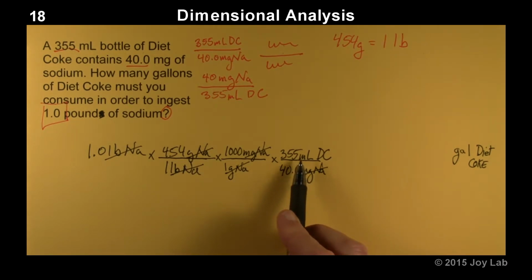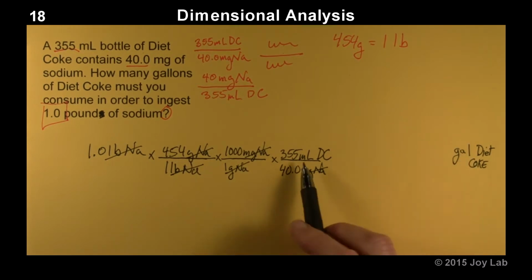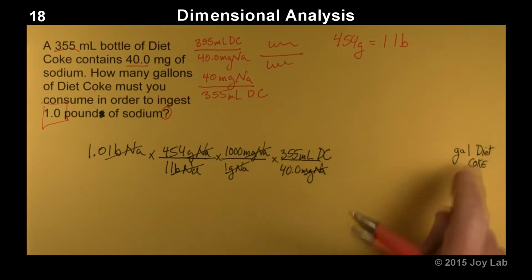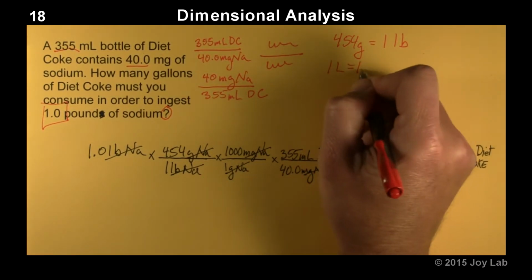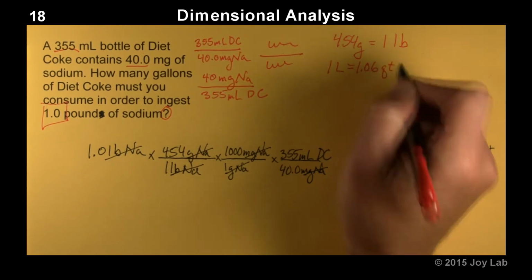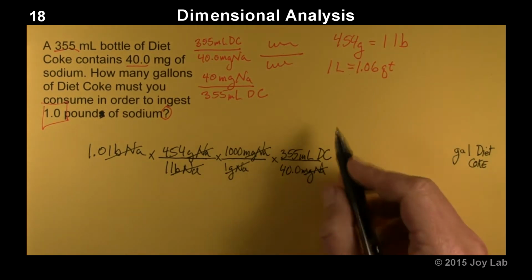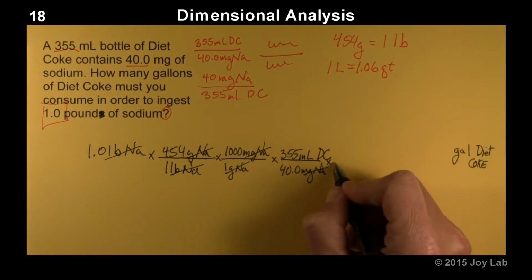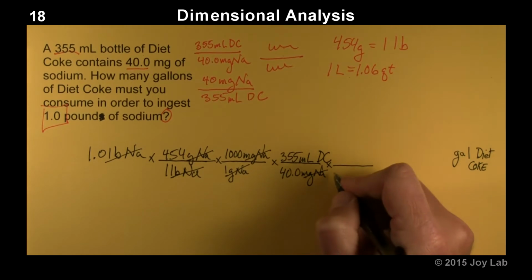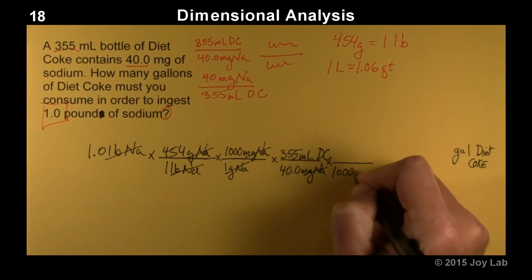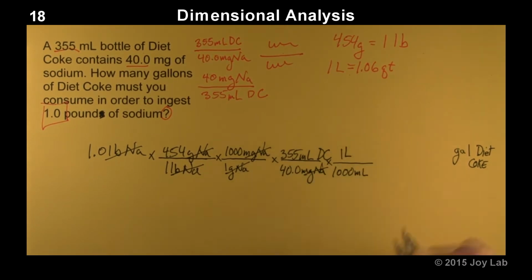Now it's just a matter of getting the volume units into gallons. I don't know how many milliliters there are in a gallon, but what's my English metric conversion? Milliliters is metric and gallons is English. I know that 1 liter is equal to 1.06 quarts. So I'm going to use that one. So I'm going to get this into liters. How many milliliters are in a liter? Milli is 1/1000th. So there are 1,000 milliliters in 1 liter.